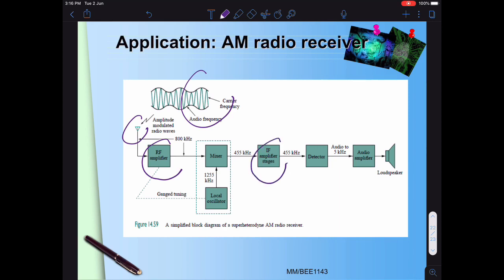Then the audio amplifier goes through a few stages to make sure the signal reaches the loudspeaker, so as a user we can hear the radio. It's just one example, and maybe you can search for other examples used in real applications of resonance by using the internet.